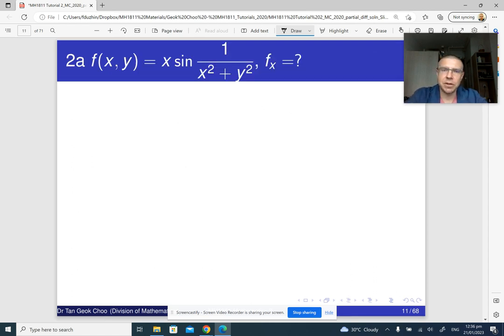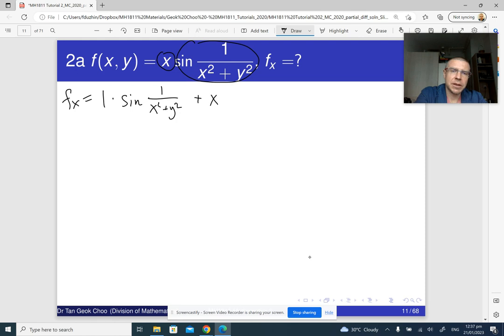In the first part, we've got to just differentiate it according to differentiation rules. So how do we do that? This is the product of x and sine of whatever, so we've got to differentiate it by the product rule. First we differentiate x with respect to x, and its derivative is just 1, times sine of 1 over x squared plus y squared, plus, now we keep the first multiplier x times the derivative of the second one.